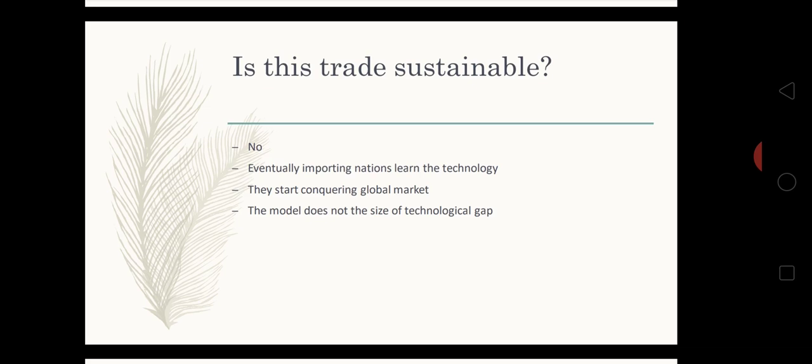As time passes, Indian producers start learning the technology introduced by the United States. India learned the technology and starts to imitate the innovation of the United States. India starts to produce that commodity and dominates it, because India has the advantage of cheap labor.